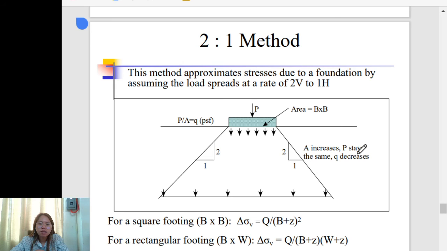As A increases and P stays the same, the stress decreases. For a square footing, B times B, the change in stress is equal to Q, the point load, divided by B plus Z squared, for a square footing.